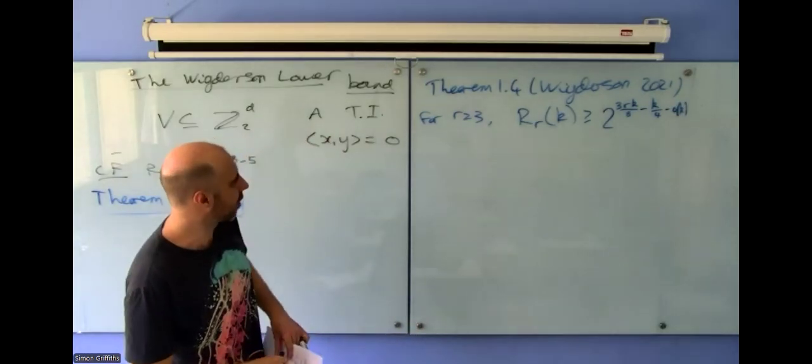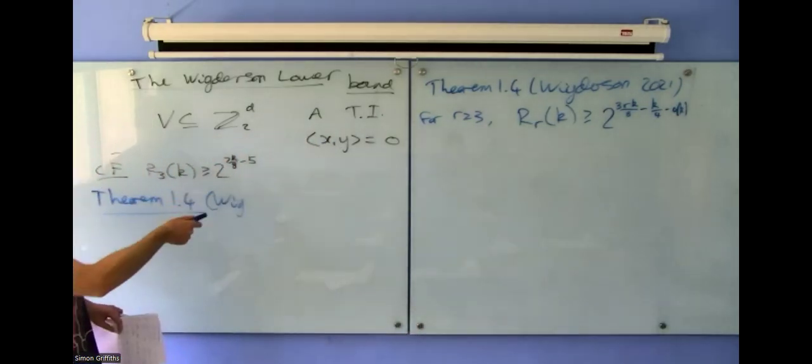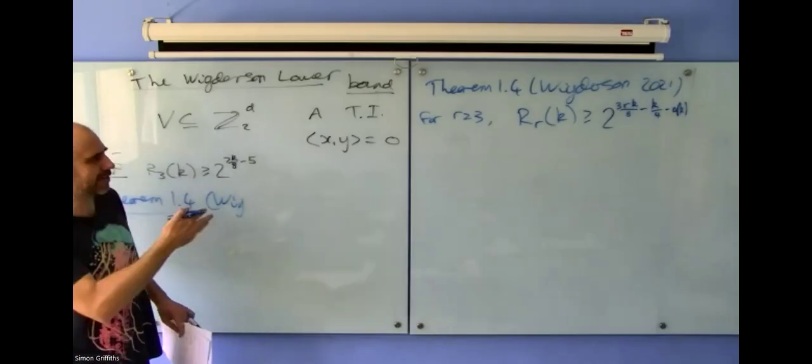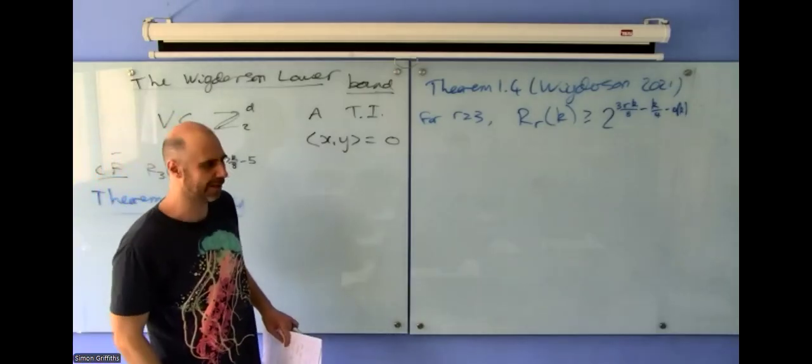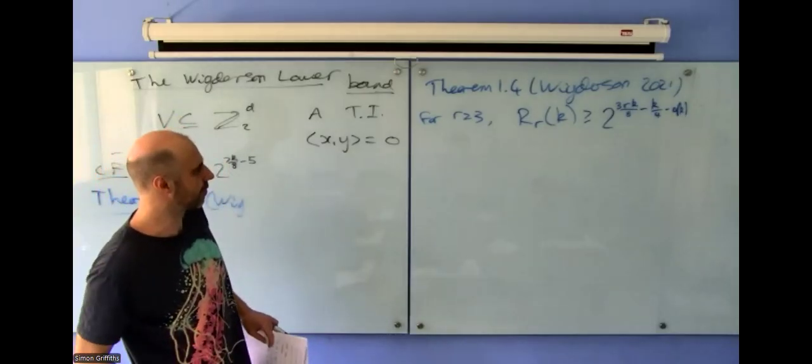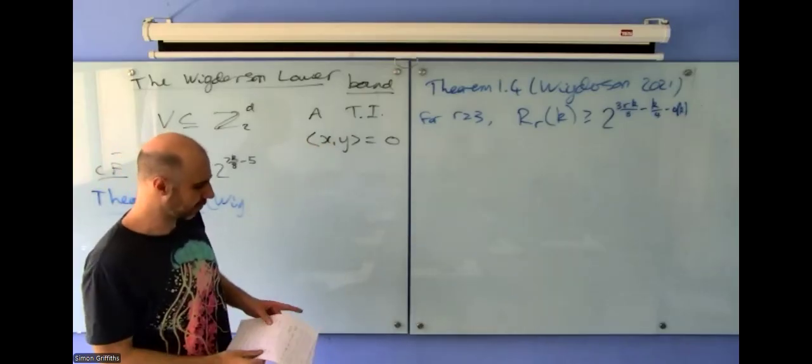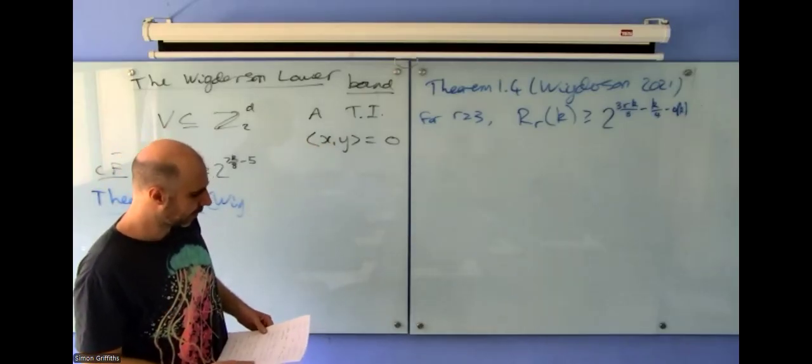You can see that for r equals 3, it gives the same as Conlon-Ferber, basically because it's the same idea. But it extends very nicely to more colours.